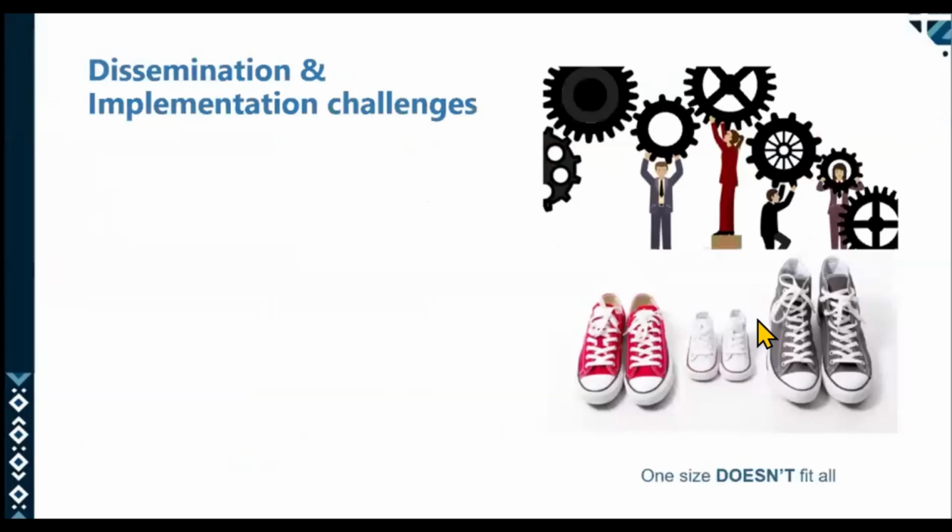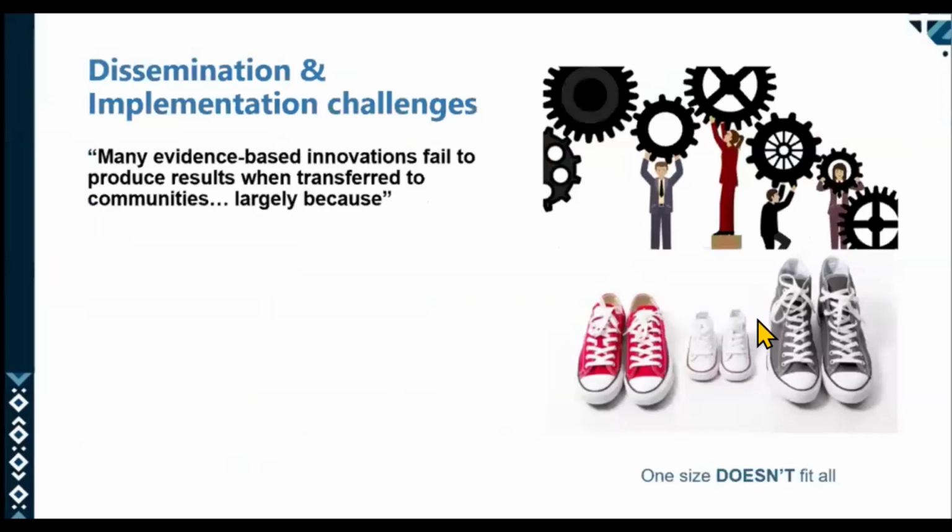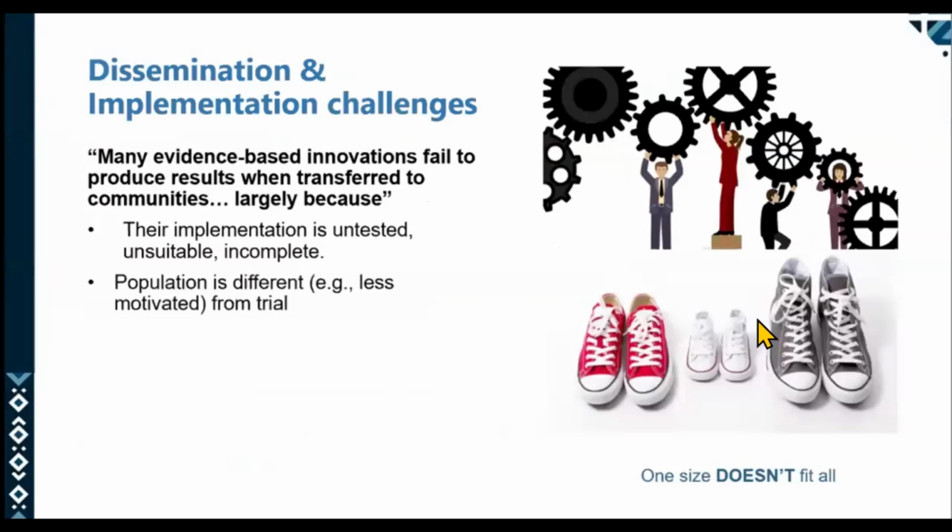So some of the challenges that we face is the fact that evidence-based innovations are most likely to fail, even though we say yes, that EBIs have been proven to be effective. But why would they fail in our context? Because the implementation has been untested, incomplete, and unsuitable. Also because of the difference in the population.